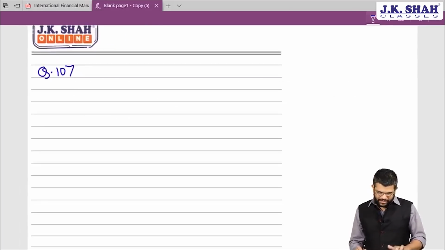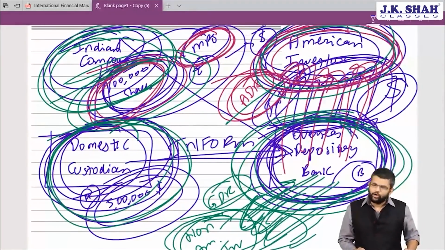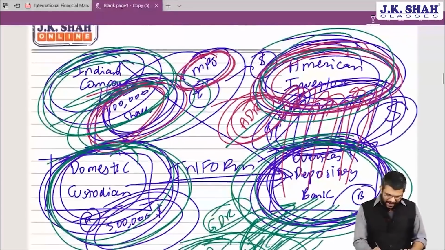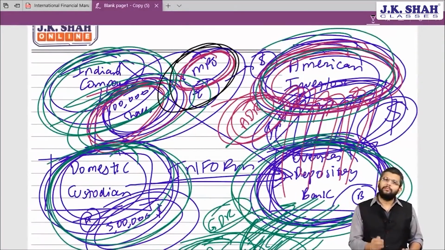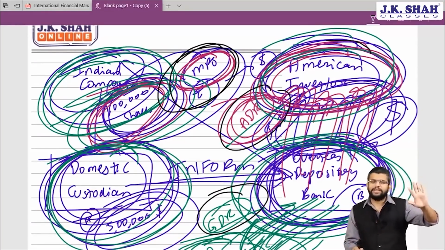Children, as I was explaining to you this entire story, I told you one thing: as the MPS in the local market fluctuates, of course the ADR and GDR's value also will be fluctuating in their local markets.